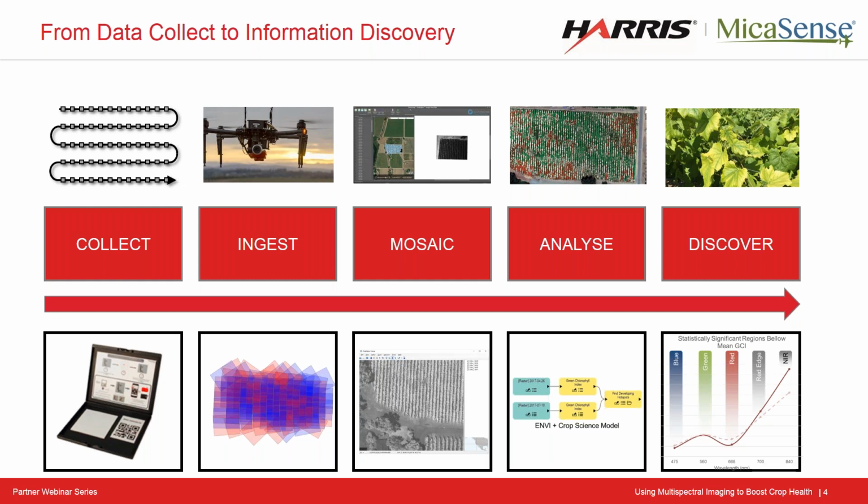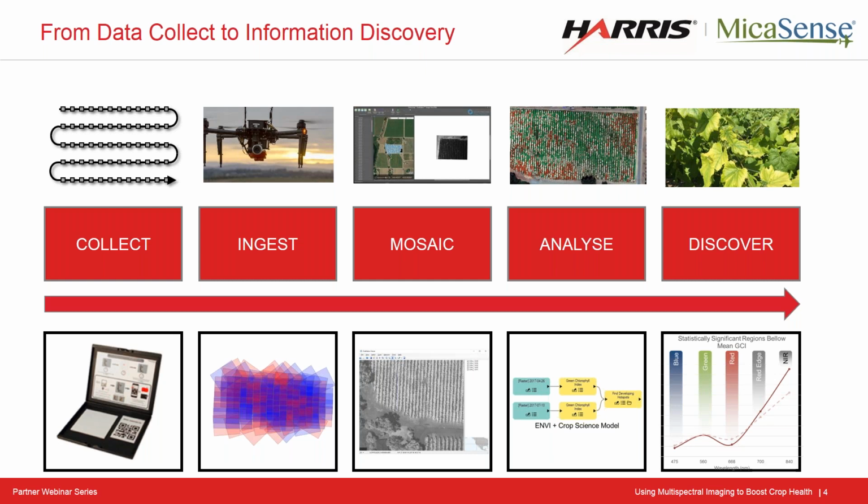And the idea is to take you through that process from collection, making sure that we share with you ideas and thoughts around how best to set up and calibrate your camera, when you're flying your data, how to use some of our tools to make sure that you've got a good, solid collective data before you leave the site.